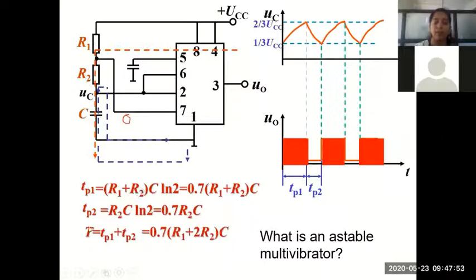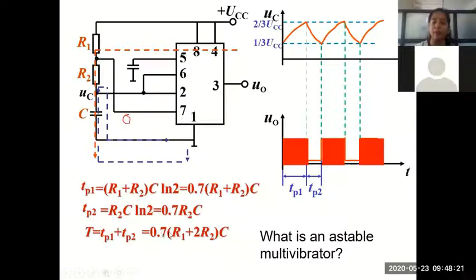If I now measure the total time period T, it will be what? Total time period T is on time plus off time, TP1 plus TP2, which will turn out to be, combining both these equations, 0.7 into R1 plus 2 R2 into C. So we have 0.7 R1 plus R2 into C for TP1, 0.7 R2 into C for TP2.